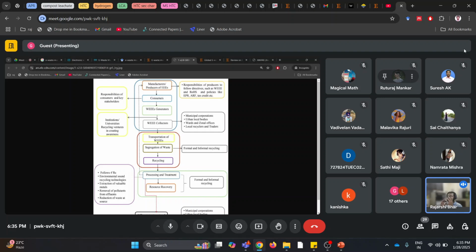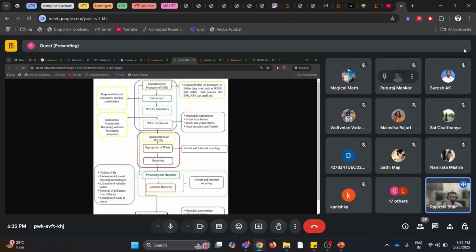Let's say you are a mobile phone manufacturer, you have prepared a mobile phone, it has a certain lifespan, and once that life is over, obviously the consumer is going to discard it. As part of extended producer responsibility, you notice the keywords here. Extended is the term. Producer means someone who is producing, responsibility means he has to take care.